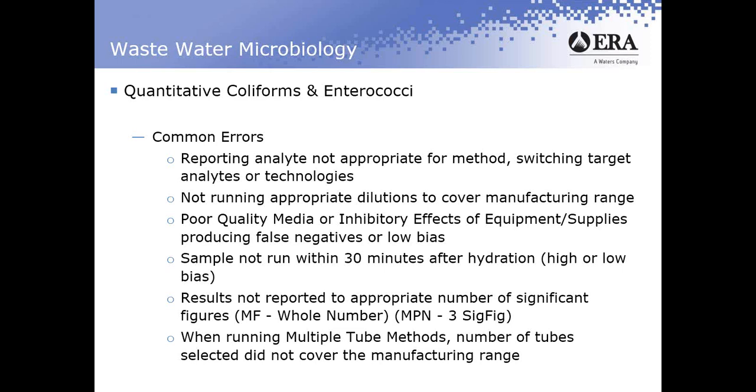If you report more sig figs, or you don't report a whole number, you're not going to fail. It's just if you're on the line, it's possible you could be evaluated to the 3 sig figs and fail, whereas if you'd have reported it as a whole number, you would have passed. So that's the only reason that's being called out. When running multiple tube methods, the number of tubes selected did not cover the manufacturing range.